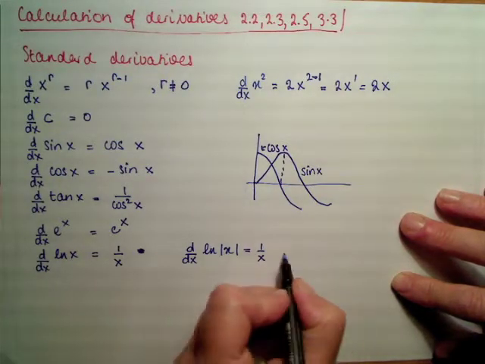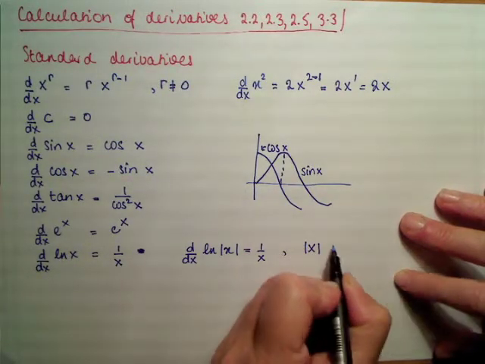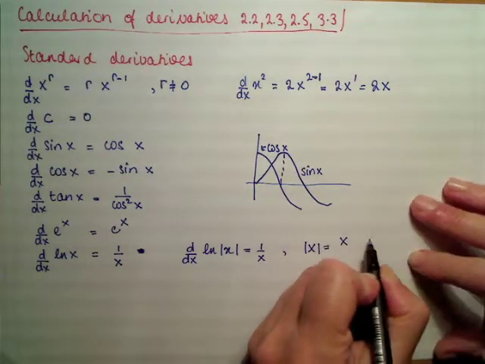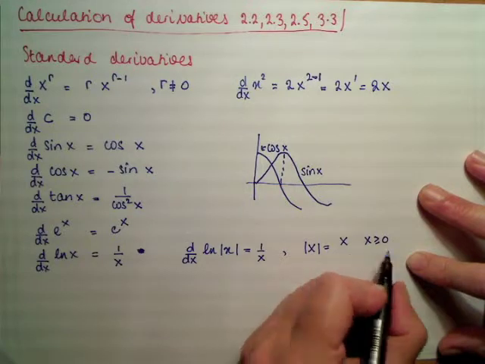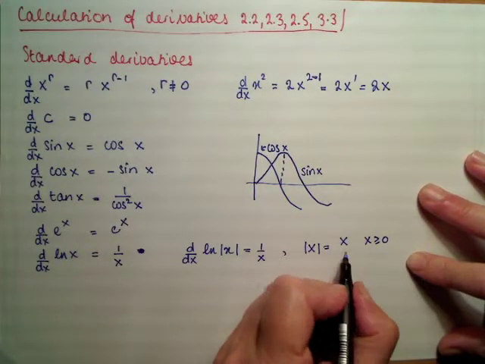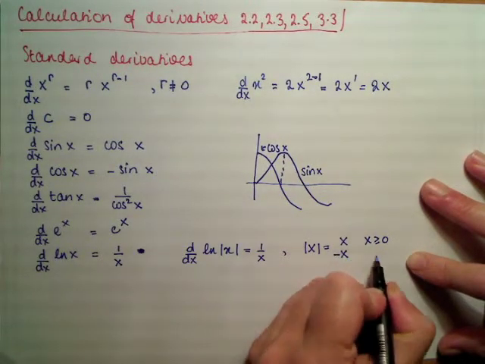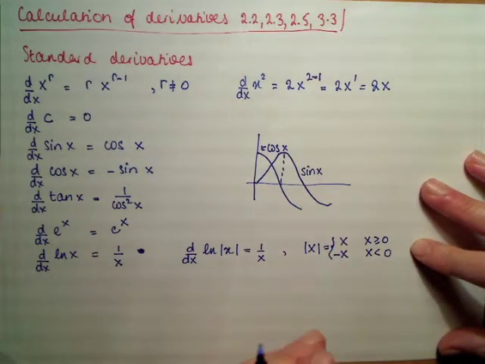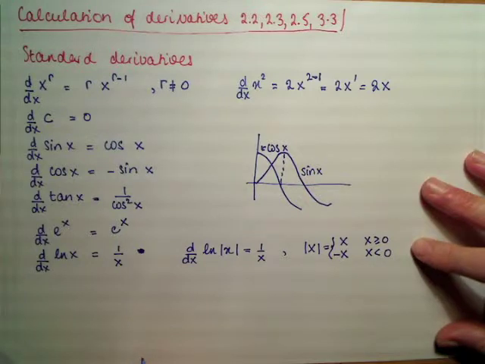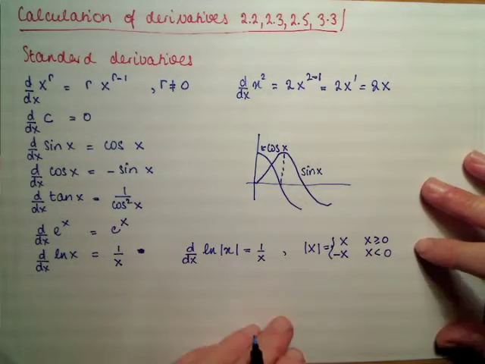Now what is the absolute value of a number? It's equal to the number if this number is non-negative, so it's greater or equal to 0, and it is equal to minus the number if this number is negative. So what it does is in fact delete the minus sign in front of a number.